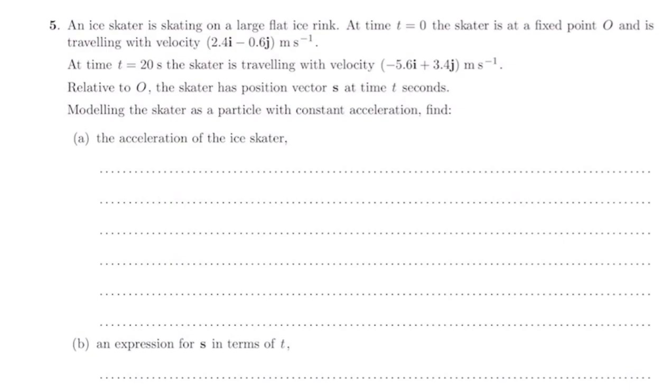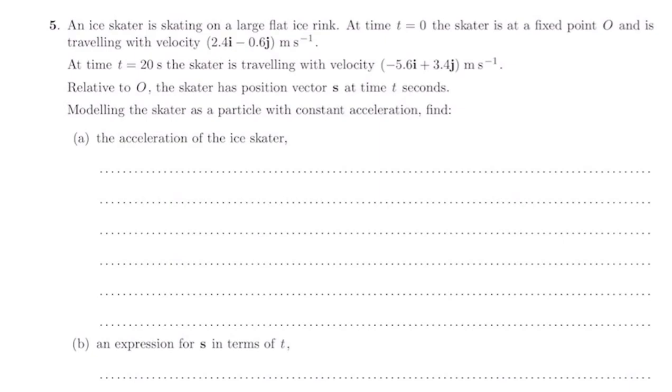At time t equals 20 seconds, the skater is travelling with a velocity of negative 5.6i plus 3.4j meters per second. Relative to the origin, the skater has a position vector s at time t seconds. Modelling the skater as a particle with constant acceleration, we're going to first of all find that acceleration.